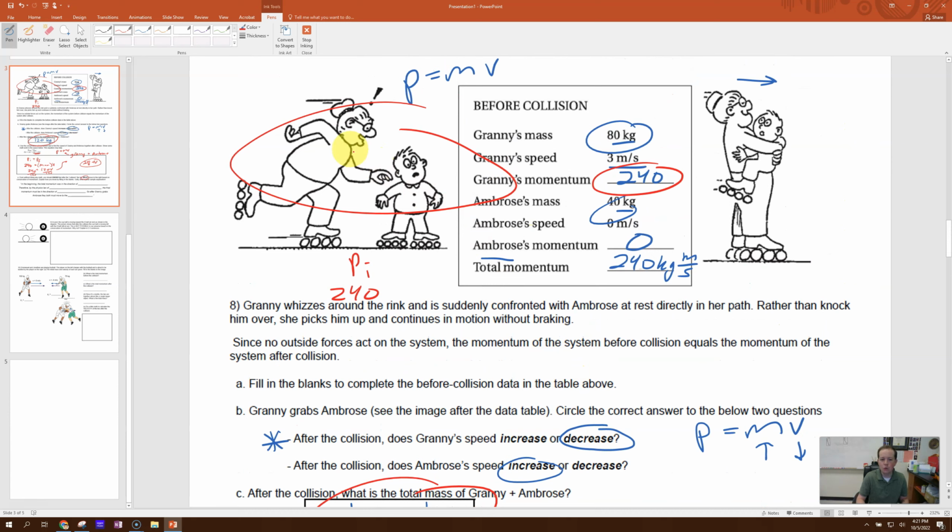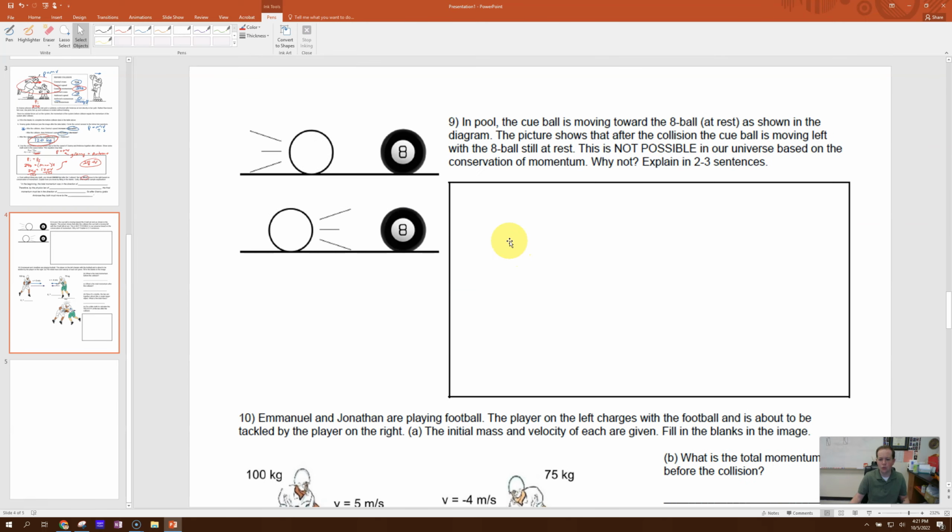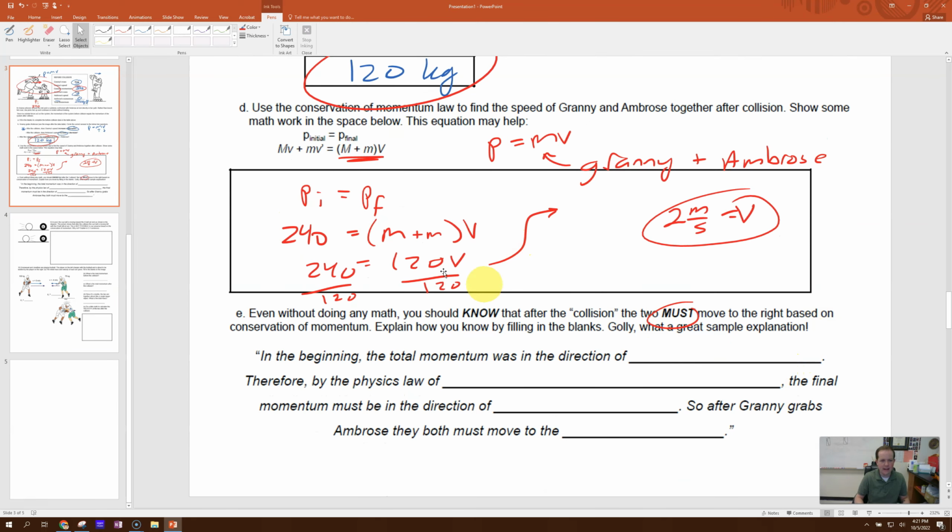It was to the right, because Granny's moving to the right. Ambrose isn't moving. So in total, it's just Granny that matters. In the beginning, the total momentum was to the right. So I'm going to write down: momentum was in the direction of the right.